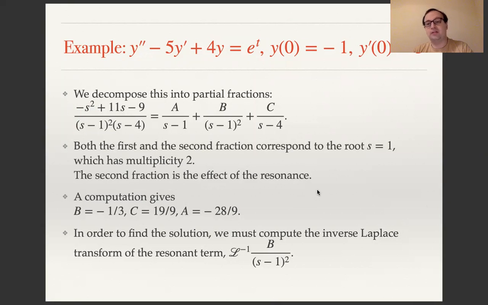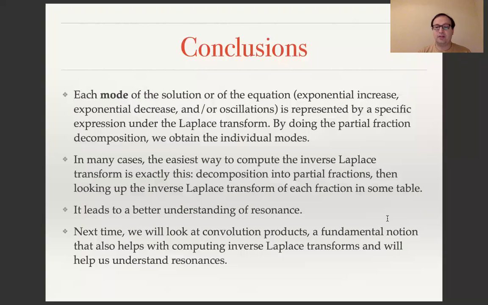And this leads in the system described by the equation to an extra factor of polynomial growth. So resonance amplifies the modes that are resonating together. And hopefully we'll understand this better next time by means of convolutions.